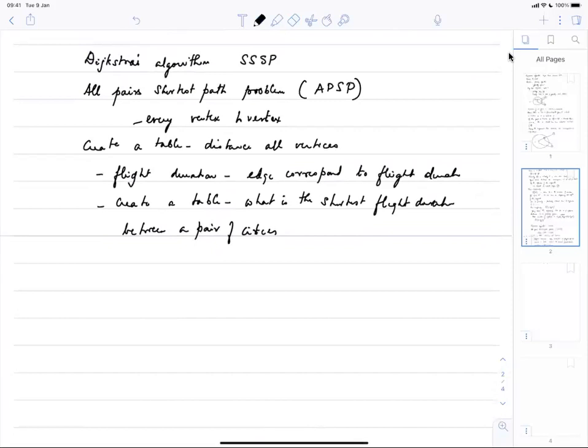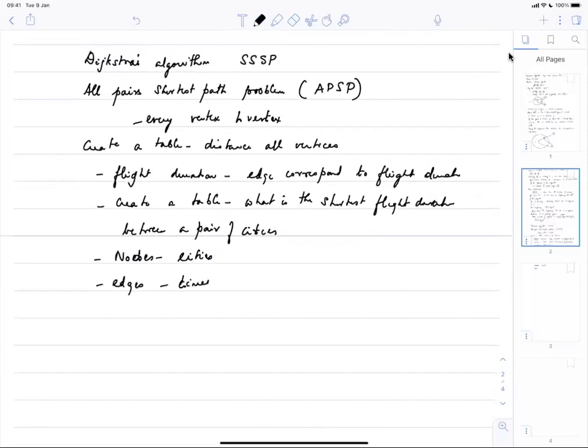So basically, let's say nodes correspond to cities and edges correspond to time.